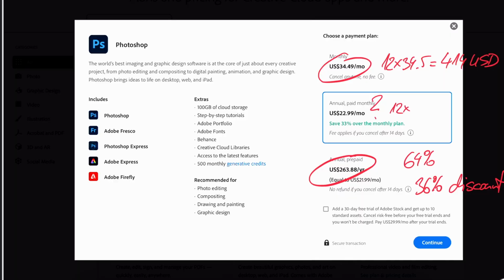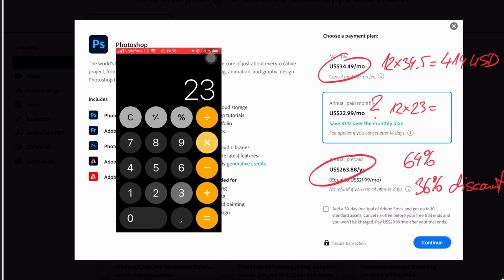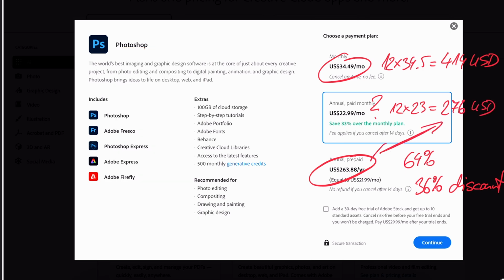We have 12 months paid at $23, and according to the calculator, this is 276 USD. If you compare these two numbers together, they are not the same, but quite similar. So we can say that the annual plan paid monthly is basically the same thing with installments and a slight interest. Now the question is whether canceling that annual plan, which is paid monthly, is really such a financial disaster.